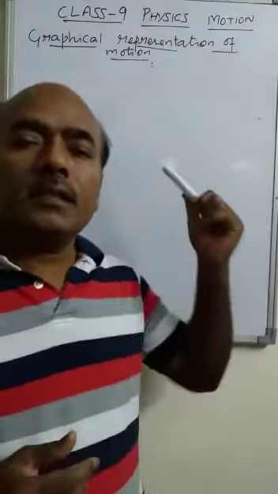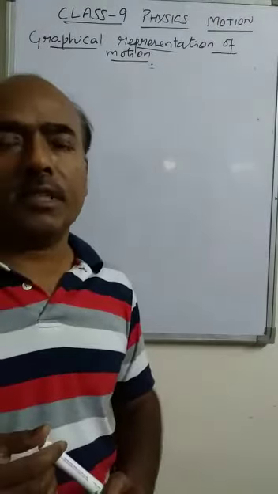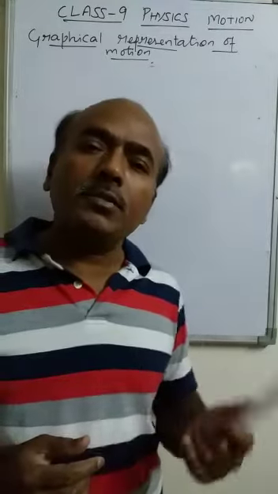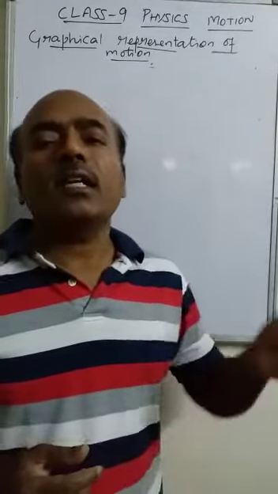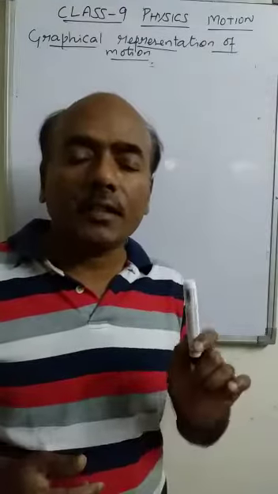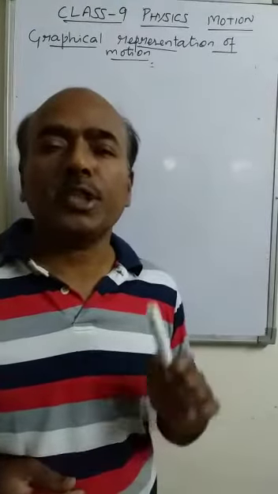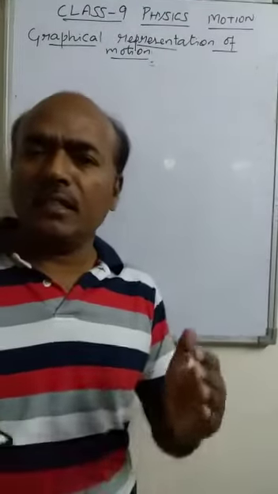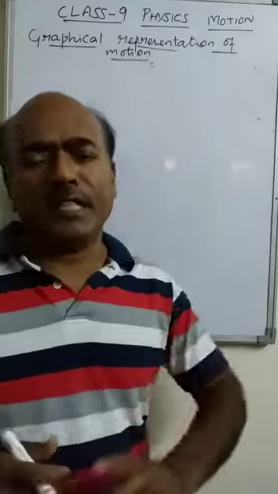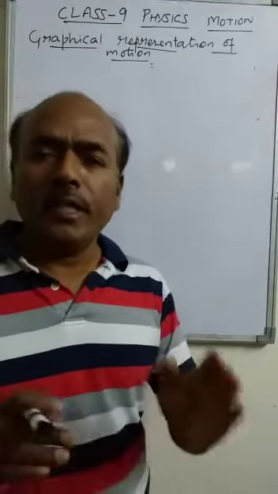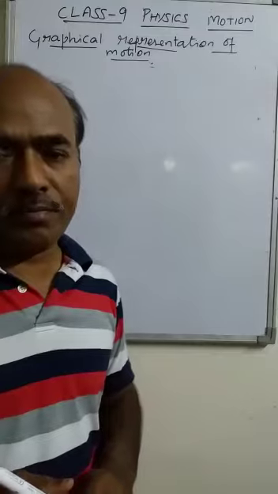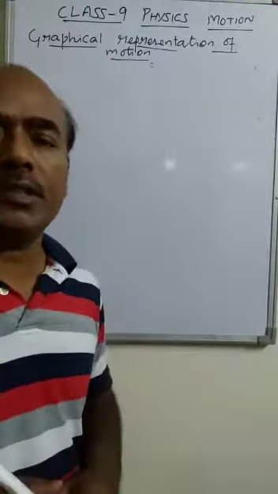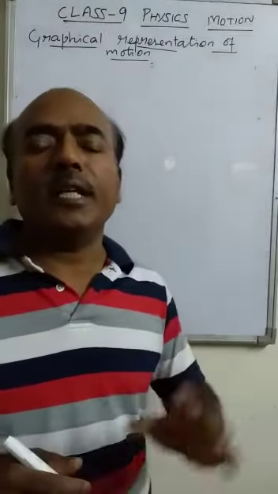But this representation of motion in graph was also discussed in the earlier classes, in class 7th, in the chapter of motion and time. The same thing was discussed in a very brief manner. Only that a graph was discussed. In that class, we discussed the distance time graph.